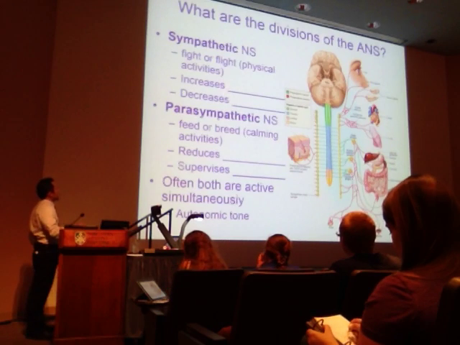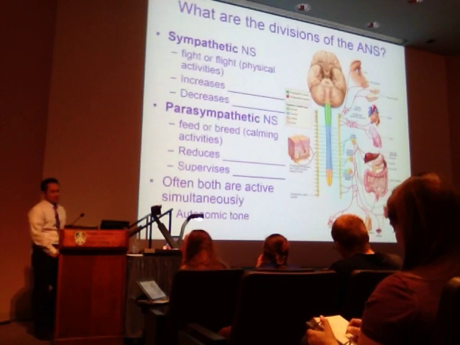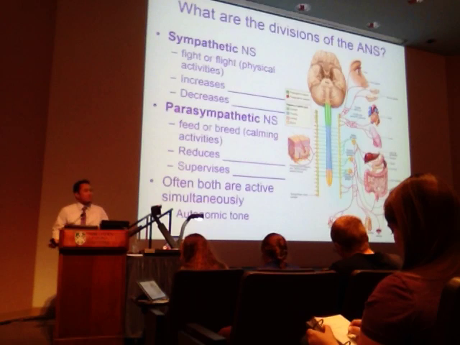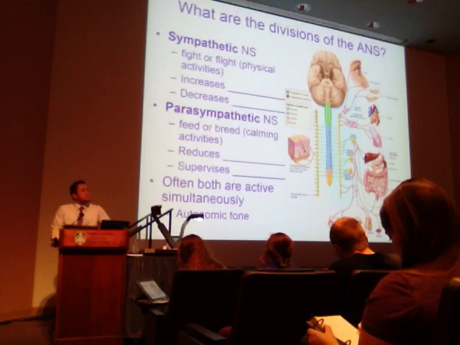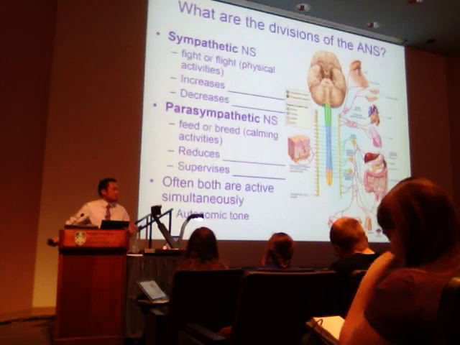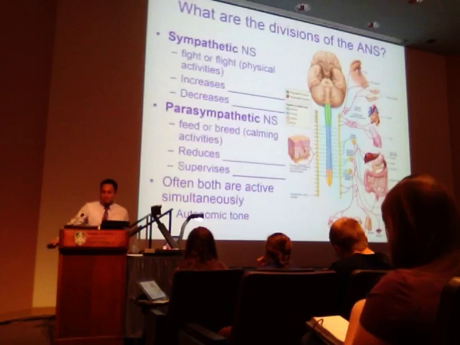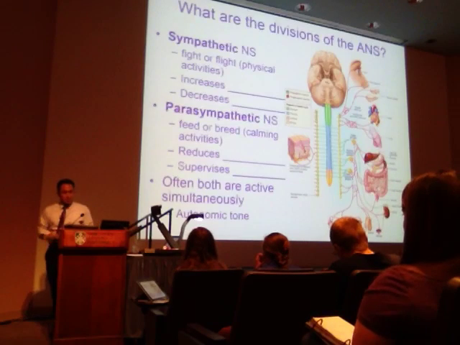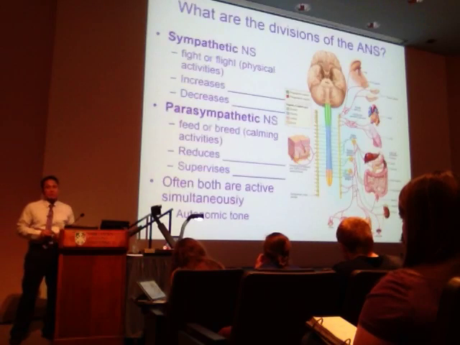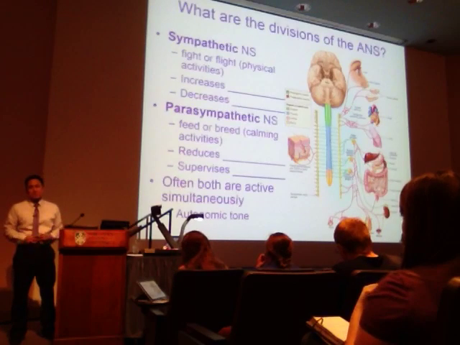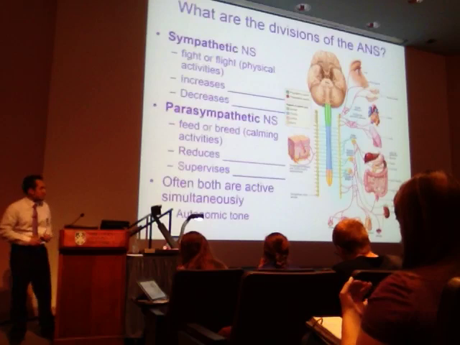This is going to increase things like heart rate. It's going to increase breathing or respirations. It increases blood pressure. It increases blood glucose levels. Why does it increase blood glucose levels? So you have more energy available to run away, for example. It also increases the perfusion to skeletal muscle, because the skeletal muscle is going to need to be active.